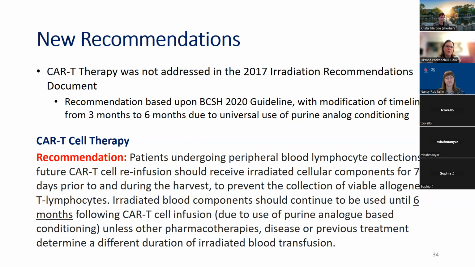In conversation with our colleagues, there was essentially universal agreement that all CAR-T patients receive some kind of purine analog-based conditioning without exception. And so if that's the case, just based on some of the pharmacologic recommendations, which I'll be discussing shortly, the recommendation should really be that CAR-T patients receive irradiated blood until at least 6 months following CAR-T cell infusion. So that was the one difference compared to the Brits that we made.